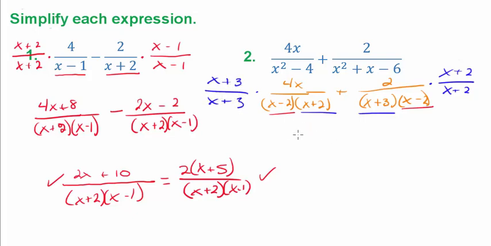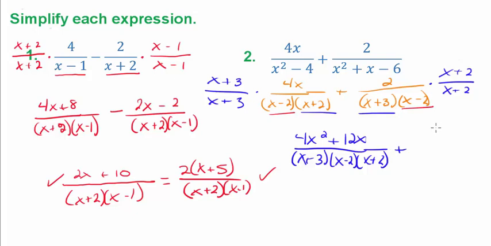This will produce 4x squared plus 12x for your numerator, and then you have x plus 3 times x minus 2 times x plus 2 for your denominator. We are adding, and we again distribute to the numerator, so it will become 2x plus 4 over x plus 3, x minus 2, and x plus 2.